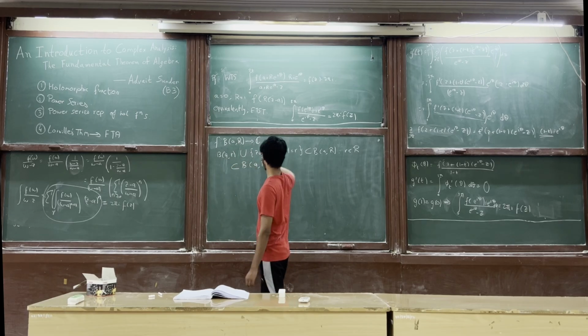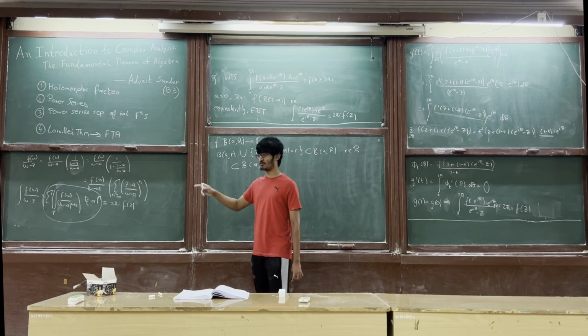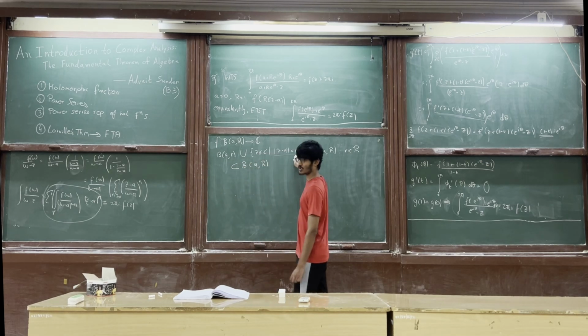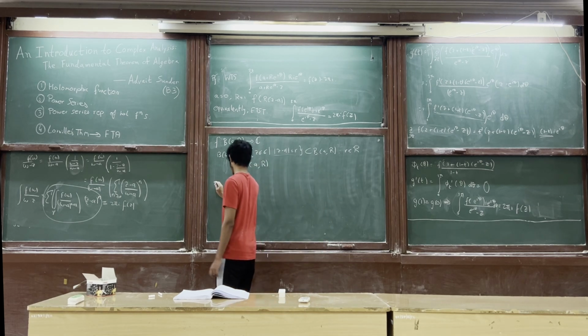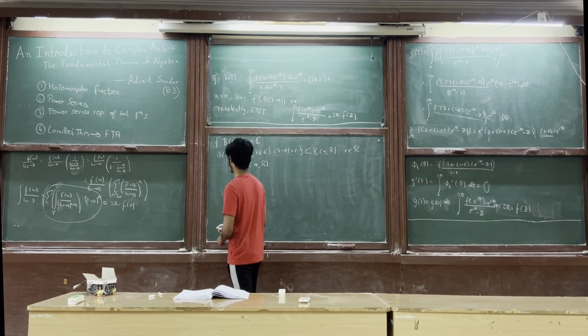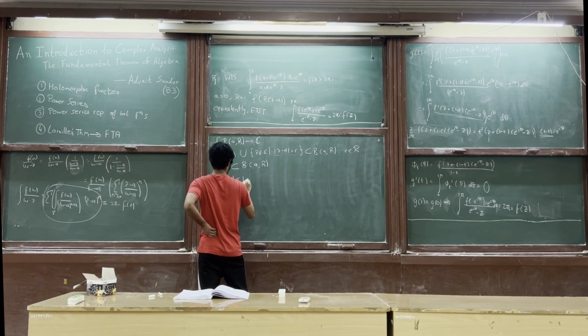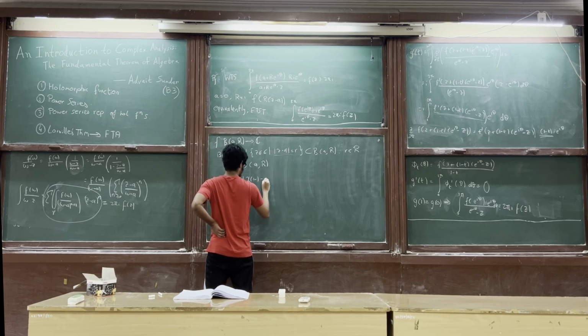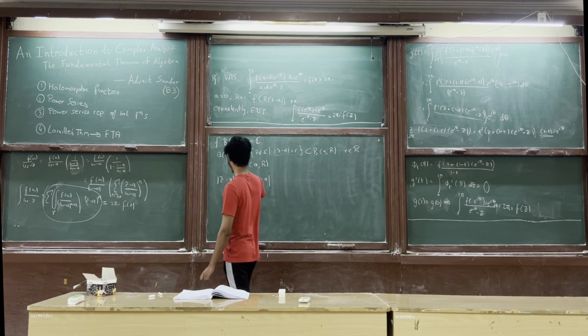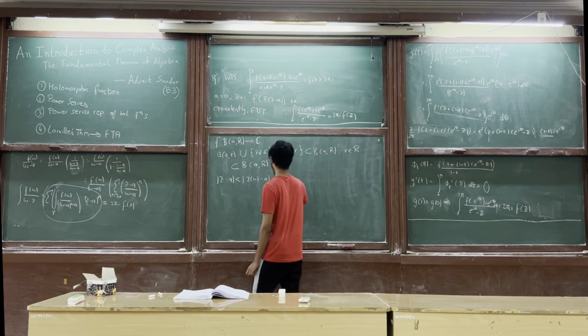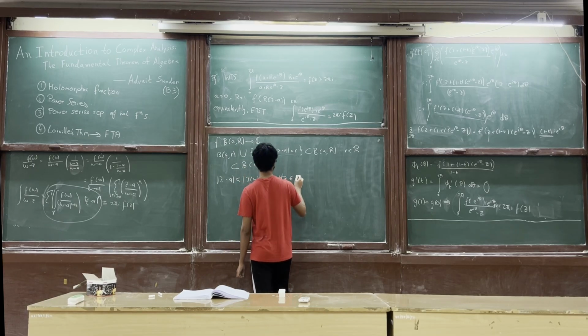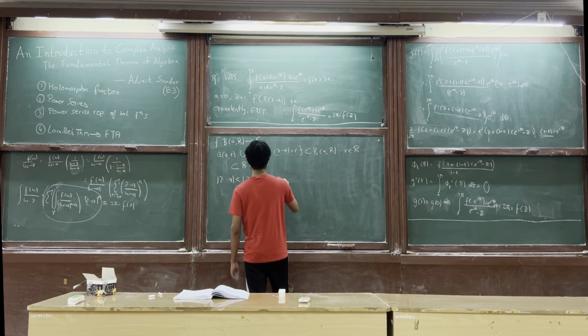So this gives us a candidate for what our gamma should be, right? It should just be this circle. And on this circle, if I have z minus a less than this for all z, in fact, you do actually have this, right?